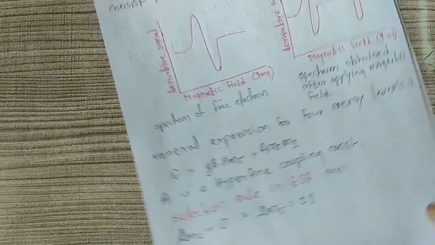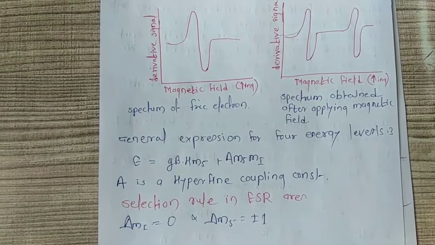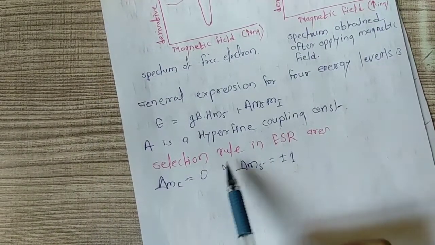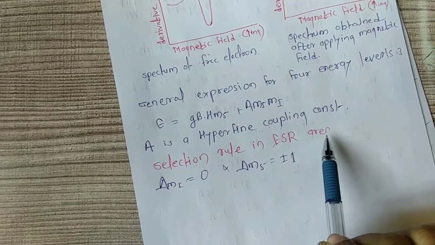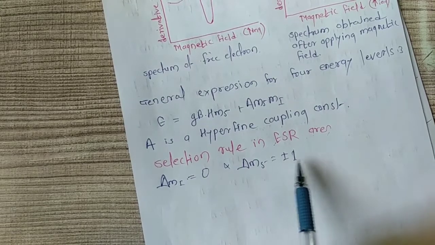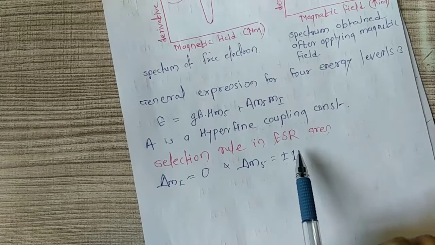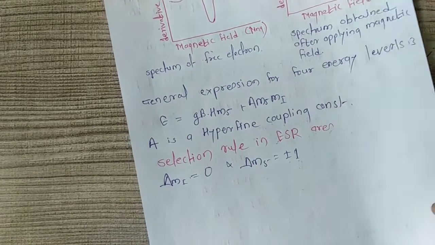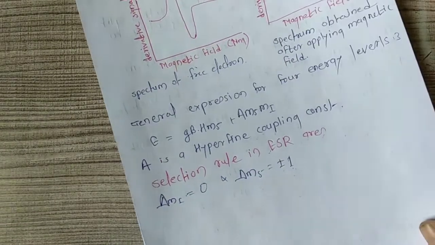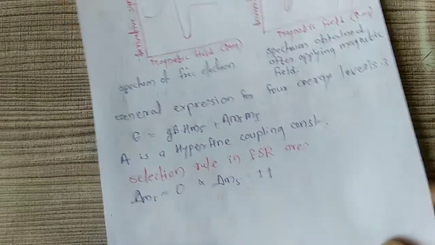This is all about the hyperfine splitting. Okay. The selection rules in an ESR spectrum are delta Mi equal to 0 and delta Ms equal to plus or minus 1. We see more examples of the hyperfine structure in ESR spectra.